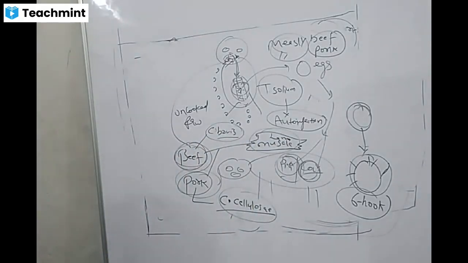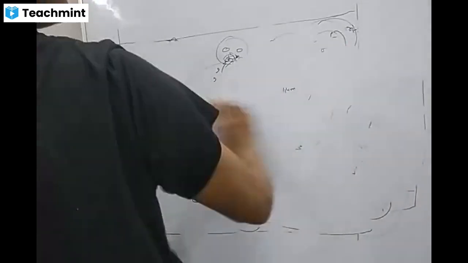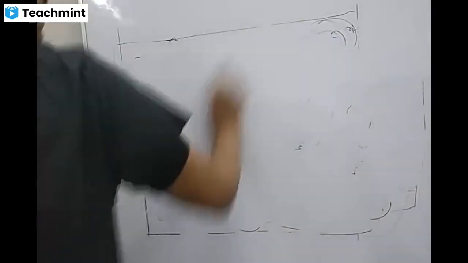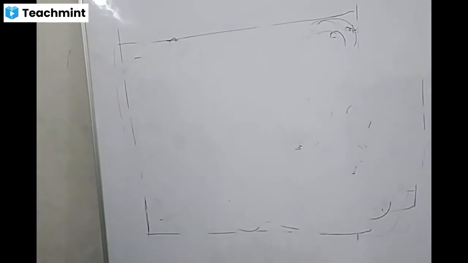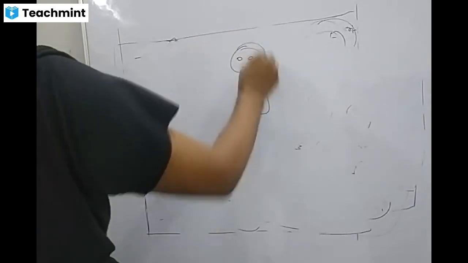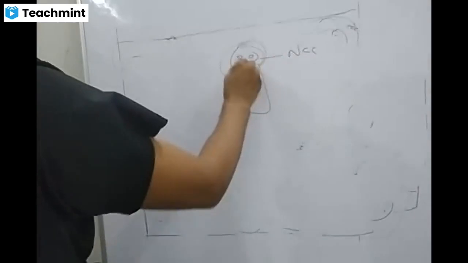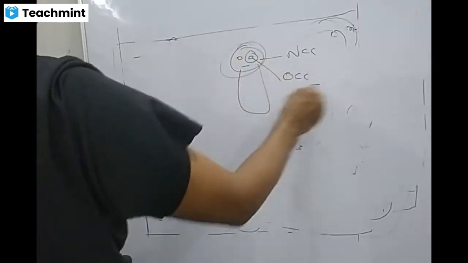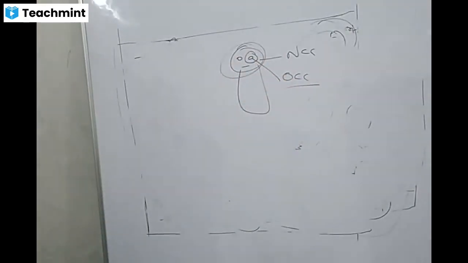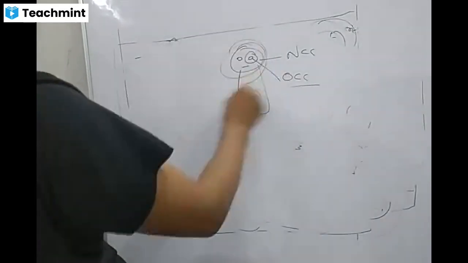In case of Taenia solium, these Cysticercus cellulosae, if they enter into the brain, they may cause neurocysticercosis. If they enter into the eyes, they may cause oculocysticercosis. So wherever they enter, they may cause pressure on that area.